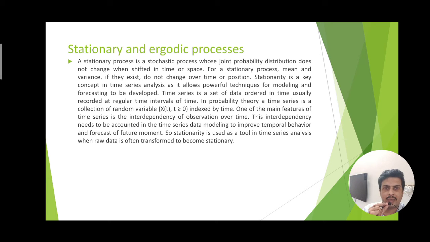Now, here are important terms: stationary process and ergodic process. Normally, a random process or stochastic process may be stationary if the joint probability does not vary with respect to time. So the definition states that if the joint probability does not vary by shifting the time for a random process, then the system is called stationary.